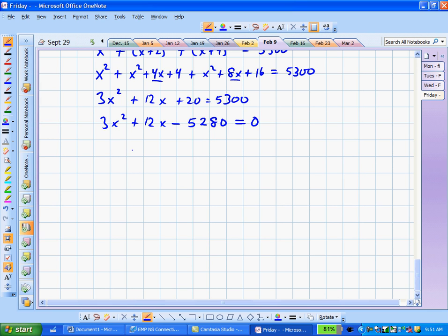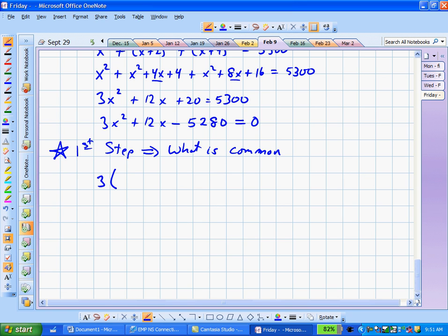So what's the first thing we would do in factoring? It's different from the discriminant. The first step is always finding the common factor. What is common? 3.